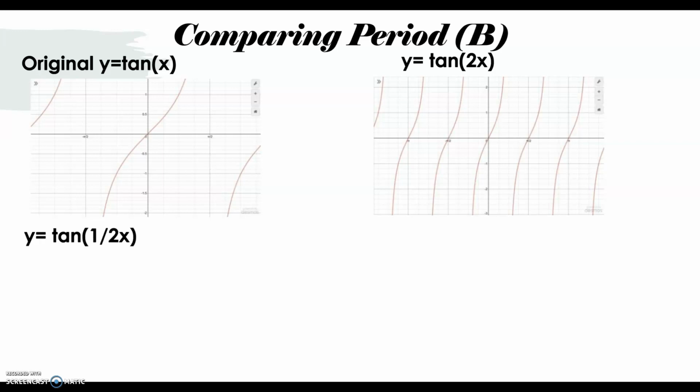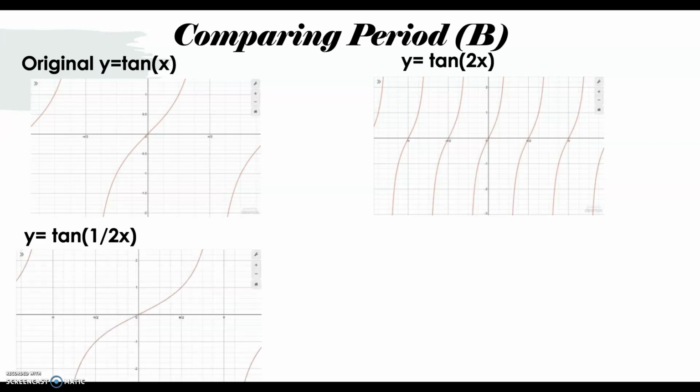Here we have the graph of tangent of 1/2 x. The graph will be wider and there'll be fewer lines because the distance will be further, since the period is equal to 2 pi instead of just 1 pi.